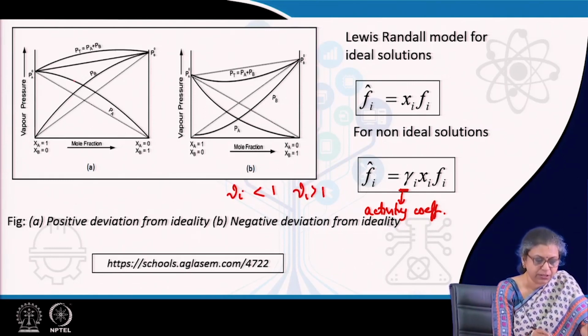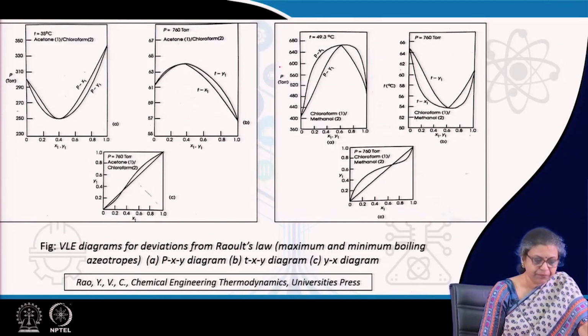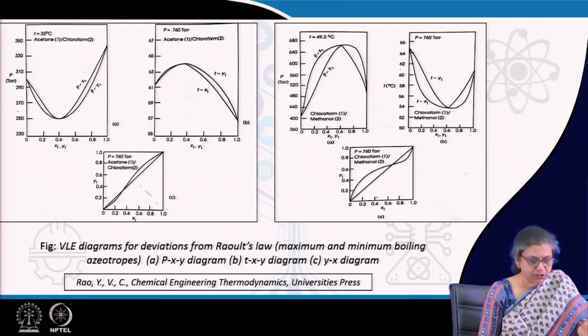When gamma i is greater than 1, naturally the total pressure is higher than that calculated from the ideal solution model, and when it is less than 1, the total pressure is lower than that computed from the ideal solution model. Quite naturally, the Pxy, Txy and xy diagrams get modified for non-ideal solutions in this particular way.